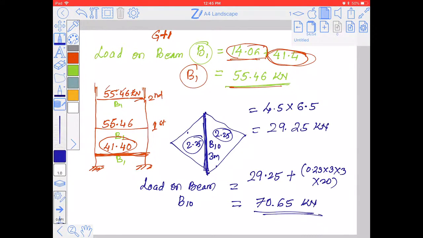This is the load on B10. Is it clear? 70.65 exactly.